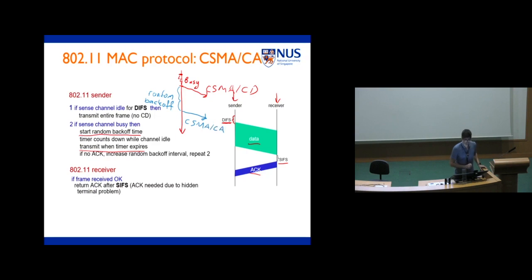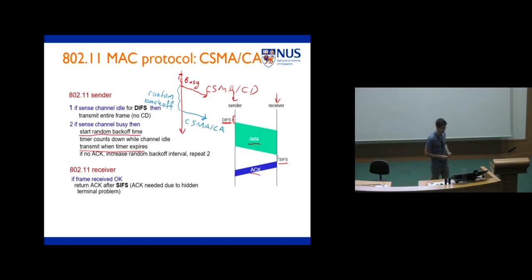CSMA-CA, collision avoidance. Why do you think is the difference? There is a deliberate reason for that. Yeah, I would like to just get some guesses here. I think this is also key to understanding the difference between collision detection and collision avoidance.